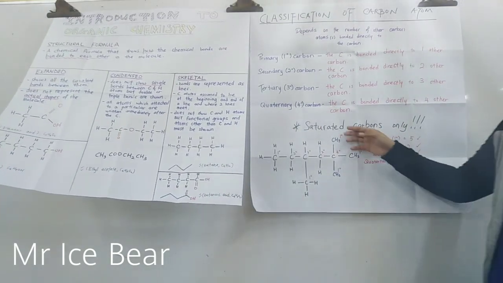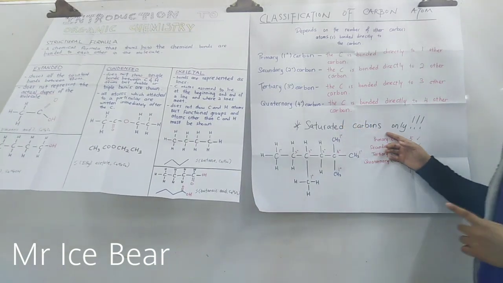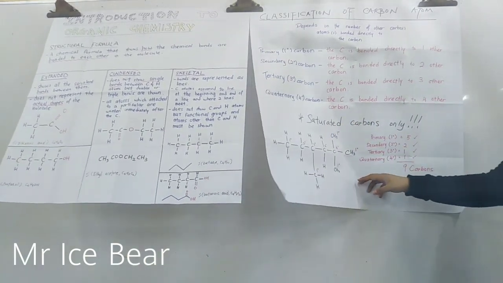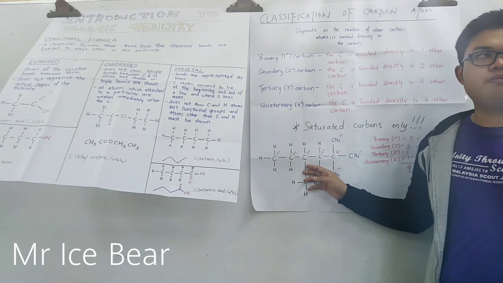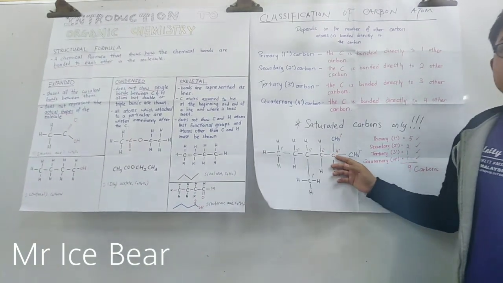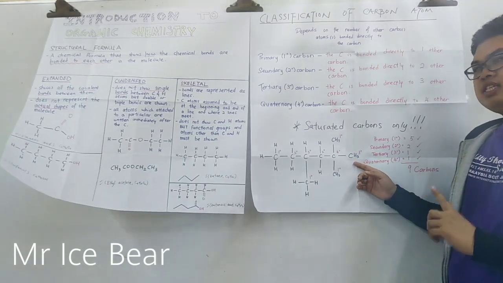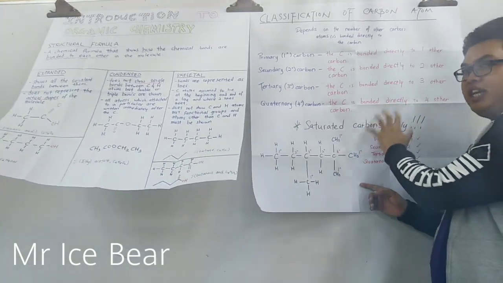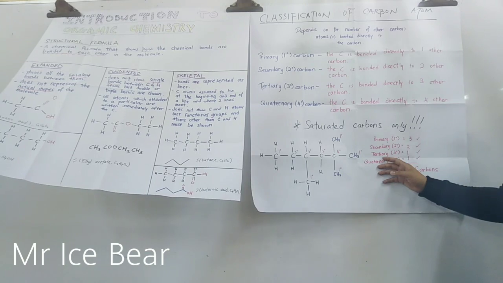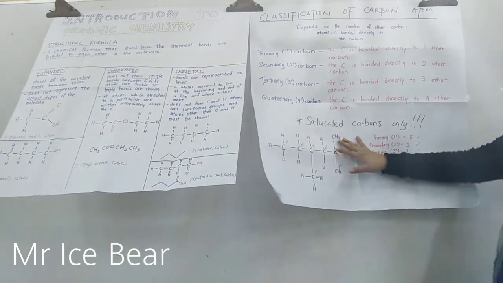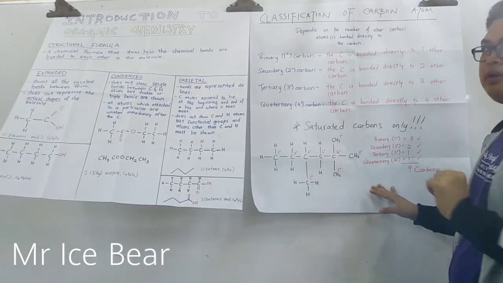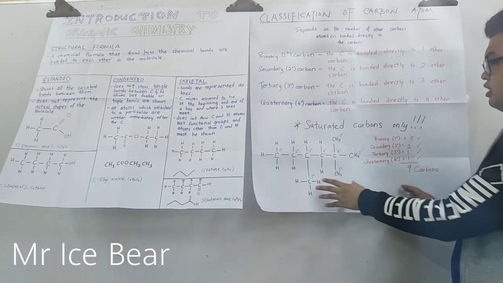Quaternary carbon is the carbon bonded directly to 4 other carbon. And ladies and gentlemen, please take note. When you want to classify carbon atoms, you need to always remember this only happens in saturated carbons, not unsaturated. Alright, and one example that I'm going to give you.